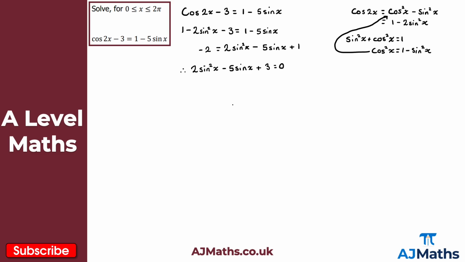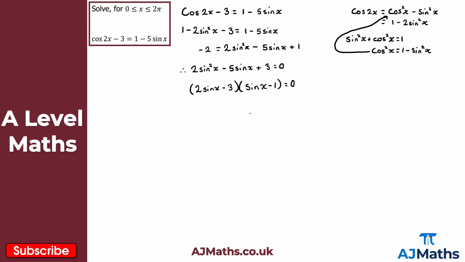Okay. So from here now, what I want to do is attempt to factorize this quadratic equation here. It's up to you whether you replace this as, for example, say 2y squared minus 5y plus 3 equals 0. That's fine as well. I don't feel like it's necessary here, but if you want to do that, that's absolutely fine. What you get here if you factorize this is 2 sine x minus 3, the first bracket, and then for the second bracket here we get sine x minus 1, like so, and this is equal to 0.